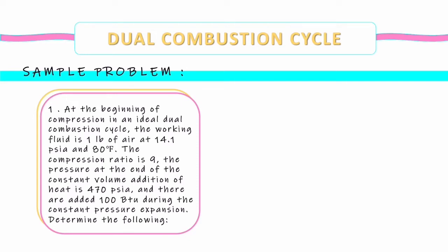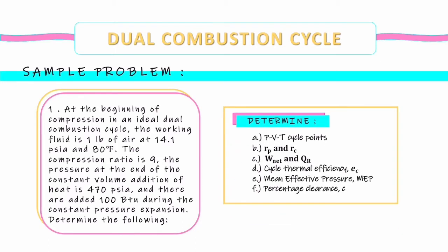The pressure at the end of the constant volume addition of heat is 470 psi absolute, and there are added 100 BTU during the constant pressure expansion. Determine the following: PVT cycle at each point, Rp and Rc, net cycle work and heat rejected, cycle thermal efficiency or Ec, mean effective pressure or MEP, and percentage clearance or C.